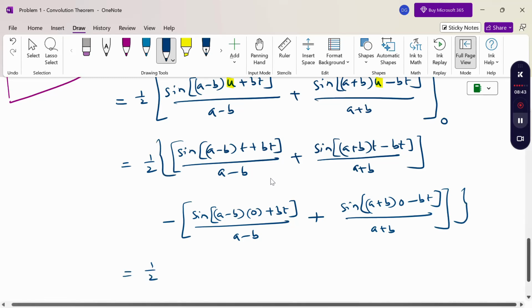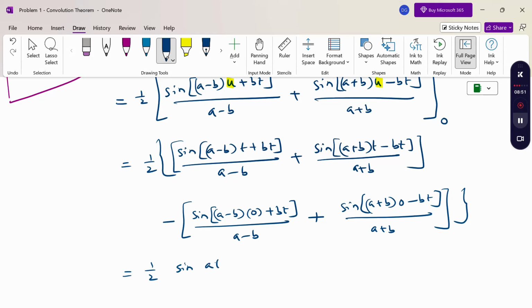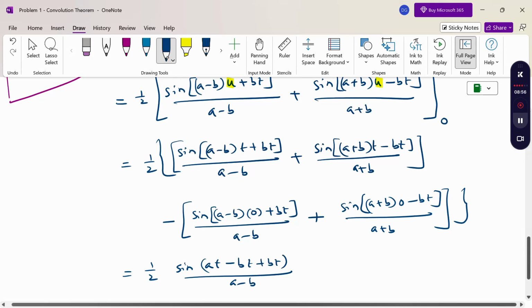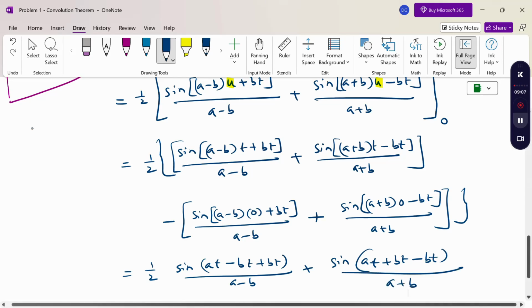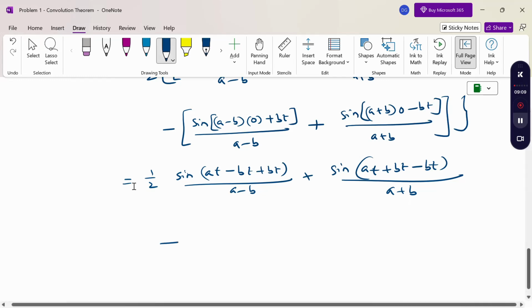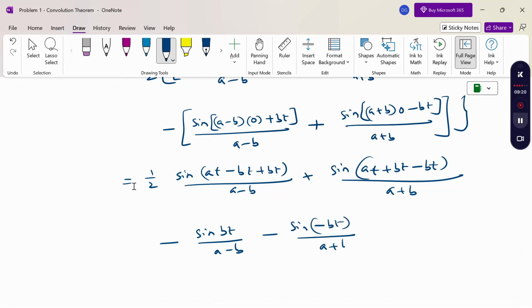Therefore, now simplify this 1 by 2. This term: sin at minus bt plus bt by a minus b, plus sin at plus bt minus bt by a plus b, and then minus sin bt by a minus b, minus sin minus bt by a plus b.